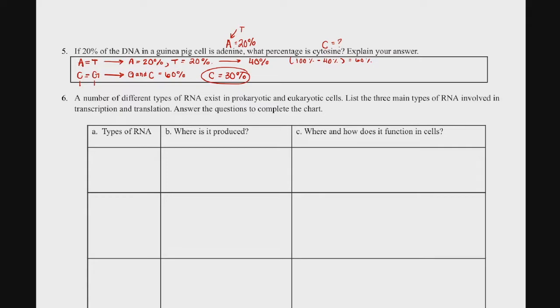Okay. A number of different types of RNA exist in prokaryotic and eukaryotic cells. List the 3 main types of RNA involved in transcription and translation, and answer the questions to complete the chart. The first type of RNA we're going to talk about is mRNA.